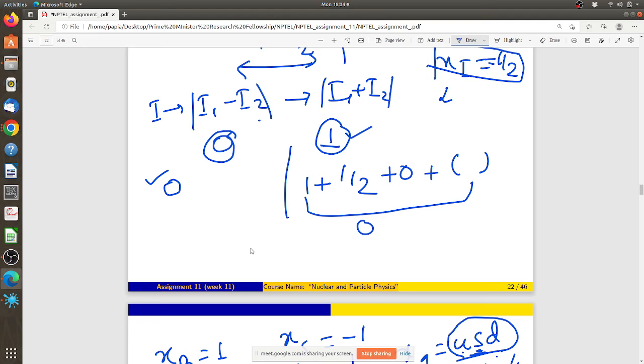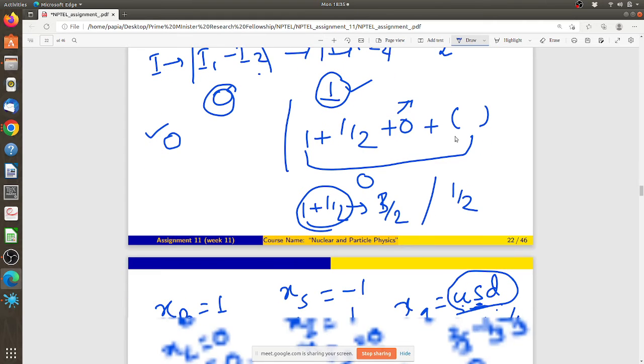Okay. Now what will be the value of this one? See here, 1, 1 half, 0, something. So 0 does not play any role. So 1 plus half plus something. If I write 1 plus half, as a whole what will it give me? It will give me 3 by 2 or 1 by 2, because it's a vector addition. So these two can give 3 by 2 or 1 by 2.